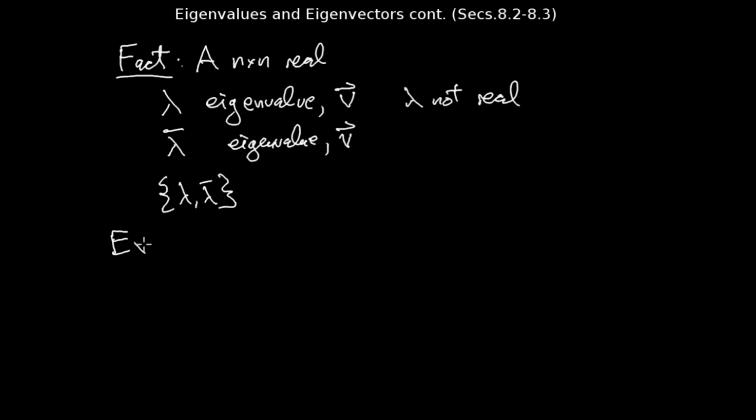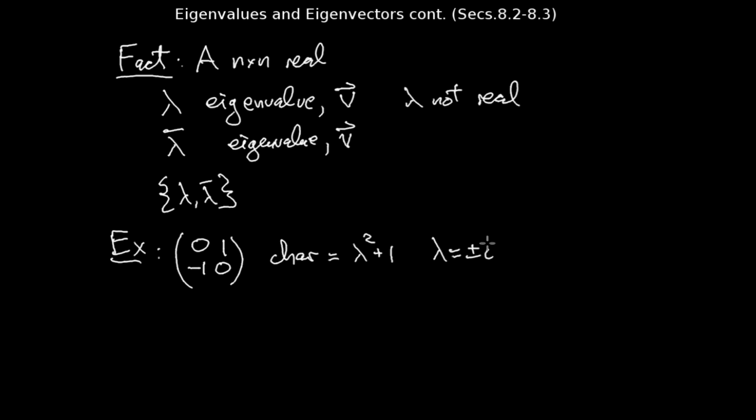A key example of this is this matrix, which I've written down a million times already. My favorite example, this matrix. The characteristic polynomial is lambda squared plus 1, which has solutions lambda equal to plus or minus i. So if you take lambda to be i, then lambda bar is minus i.